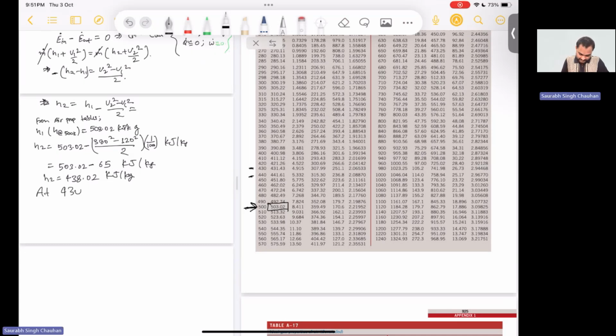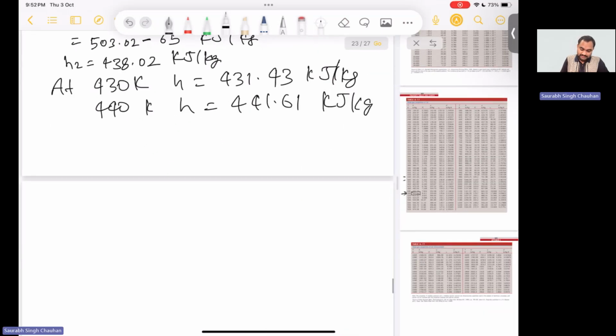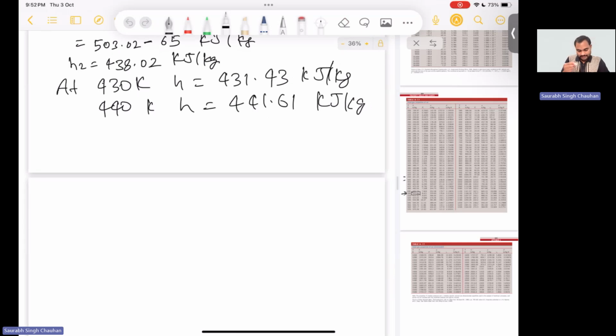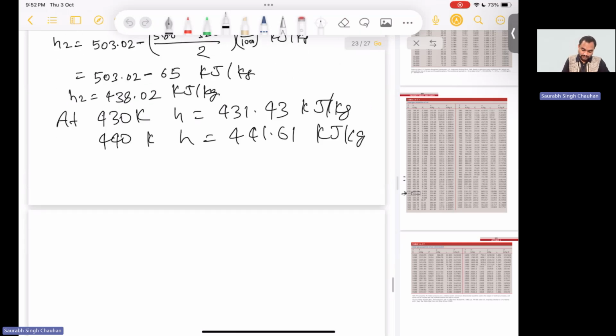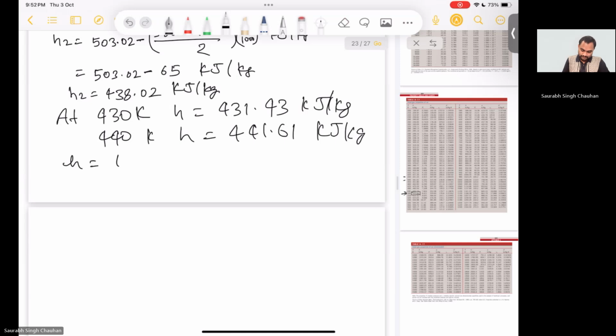At 430 Kelvin, H is 431.43, and at 440 Kelvin we have H equal to 441.61 kilojoule per kg. So at some point in between 430 and 440, we will find H equal to 438.02 kilojoule per kg.